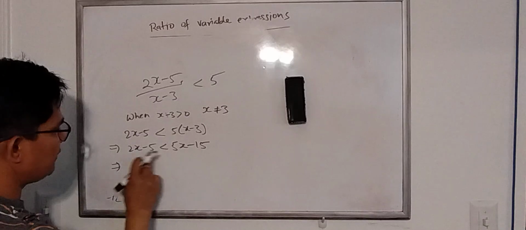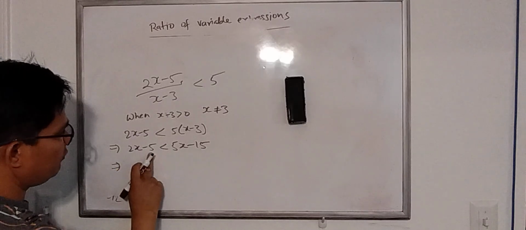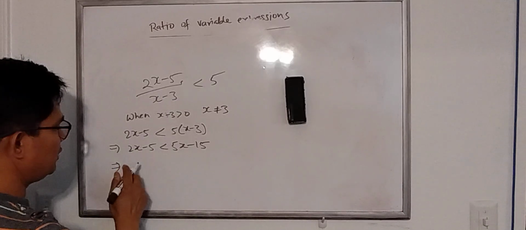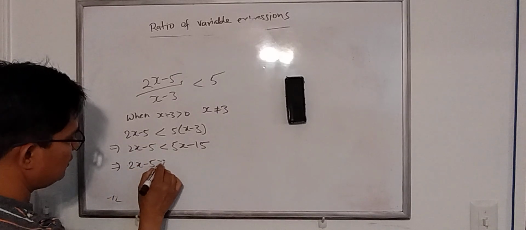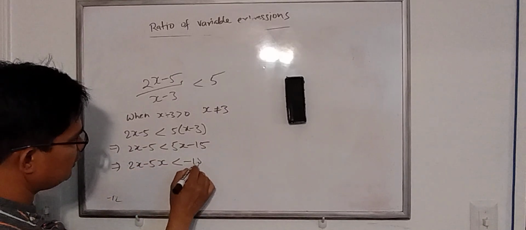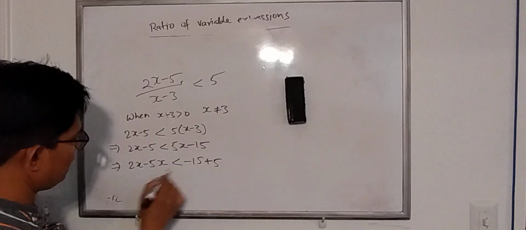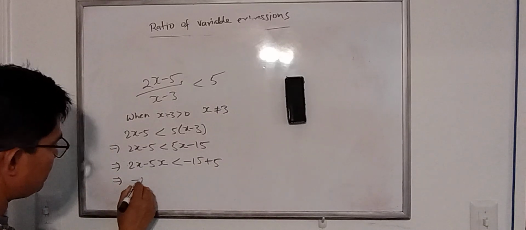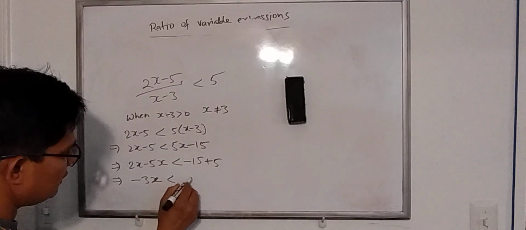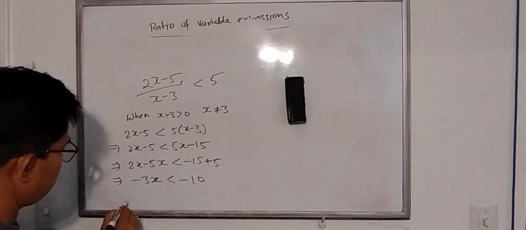Now I'll bring 5x to the left hand side and this constant to the right hand side. So 2x minus 5x is less than minus 15 plus 5, correct? I hope I'm not making a mistake here. So this will be minus 3x less than minus 10.